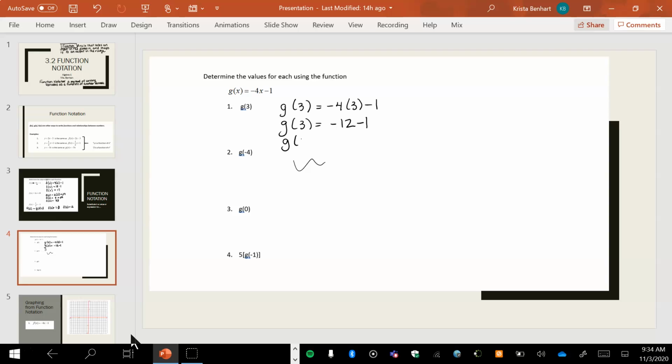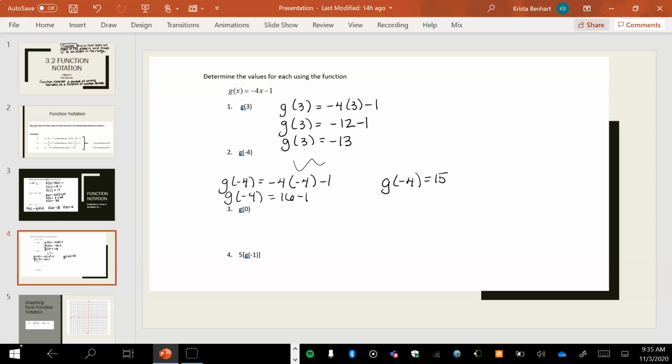The g of 3 in this case is negative 13. This next one, the g of negative 4, is equal to negative 4, and instead of that x, we're going to put in negative 4 minus 1. So the g of negative 4 is 16 minus 1. So the g of negative 4 is 15.